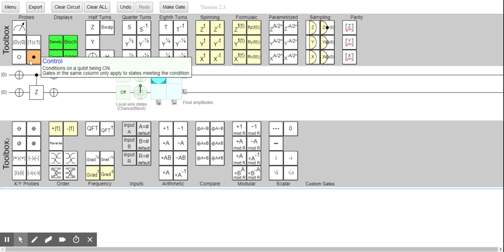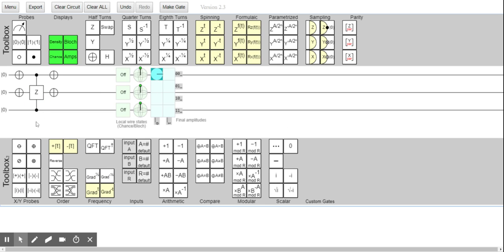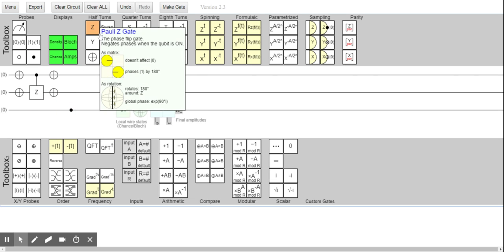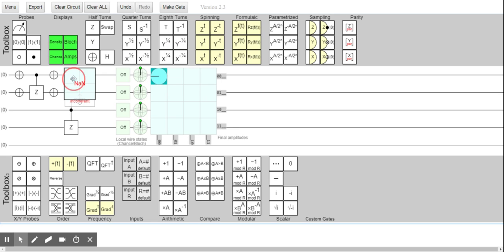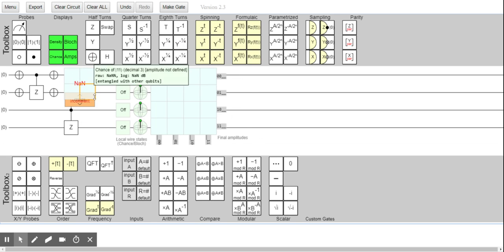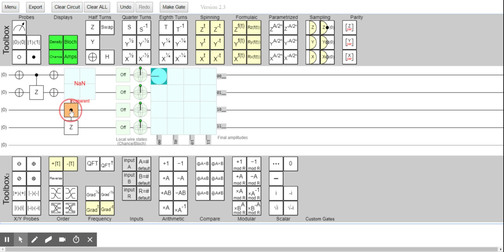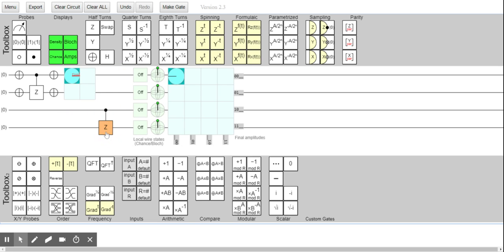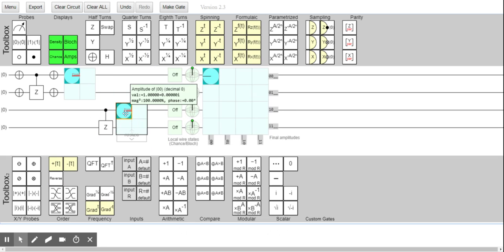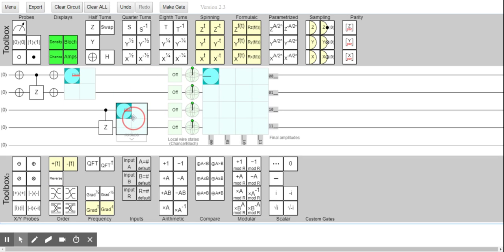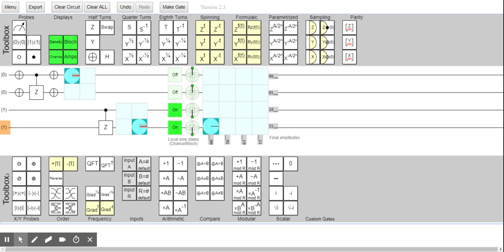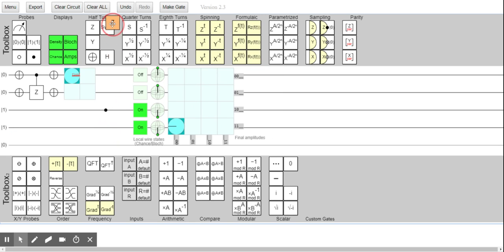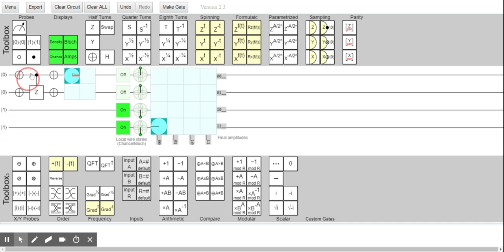Let's see if we can do something like this and then apply the density, not the amplitudes here and here. But if this is 1 1, yeah, no, let's not mess up with multiple registers in here.